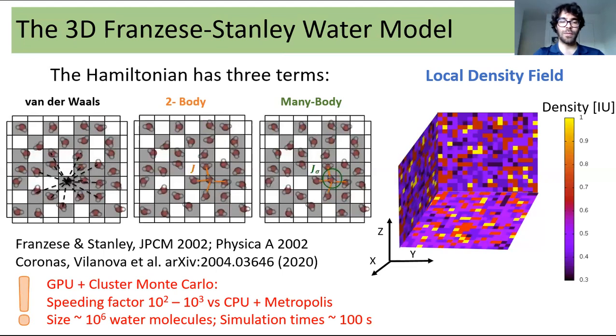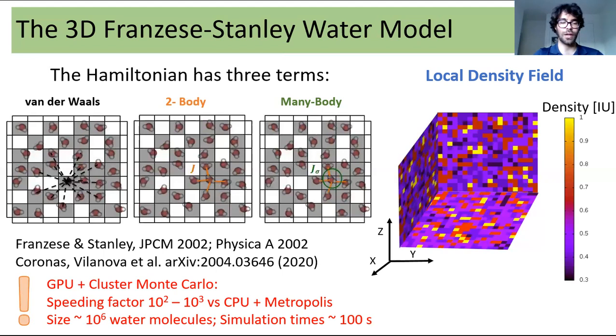We add a small amount of volume any time a hydrogen bond is formed, so we obtain a local density field. And as we will see, these fluctuations of local density will be relevant for processes involving proteins.